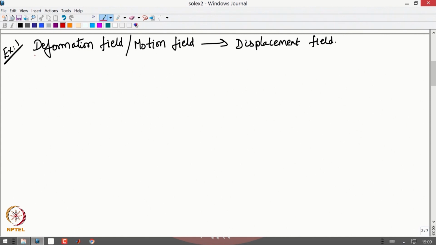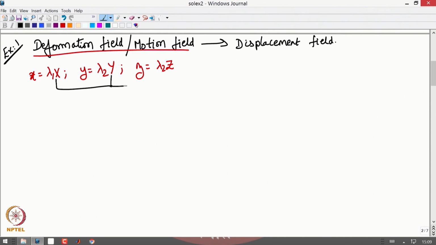Now, let us say the deformation or the motion field is specified as small x is equal to lambda 1 capital X, small y equal to lambda 2 capital Y, and small z is also equal to lambda 2 capital Z, where capital X, capital Y, capital Z represent the coordinates of a typical material point in the reference configuration.